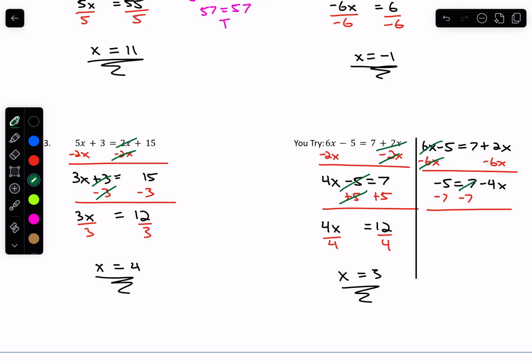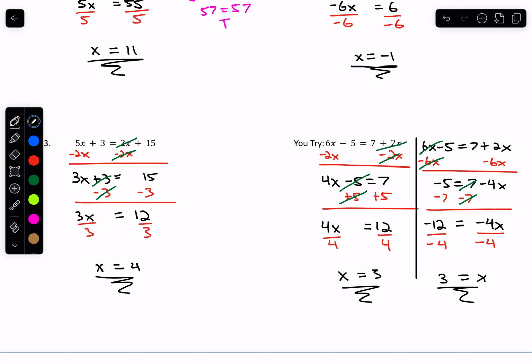On the right side, those 7's will cancel out, and we'll be left with negative 12 is equal to negative 4x. And so now, instead of dividing by a positive 4, I end up dividing by a negative 4 on both sides. But notice that my answer is still going to be 3 is equal to x, which is the exact same thing I got before, it's just flipped.